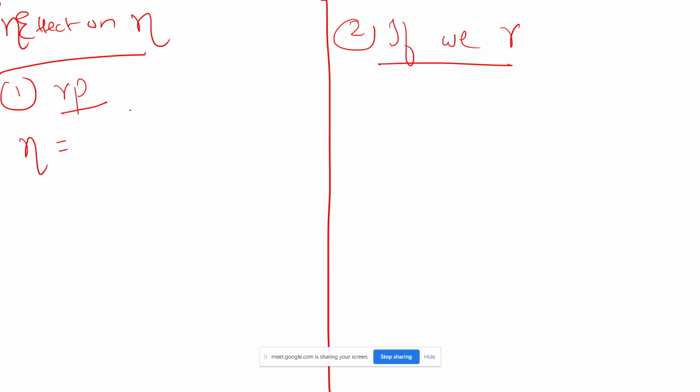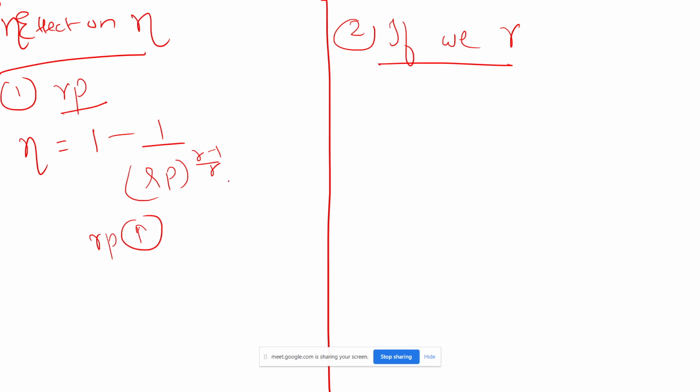Yeah, you are right, because efficiency is given by this formula. So if we increase the rp, then what will happen?